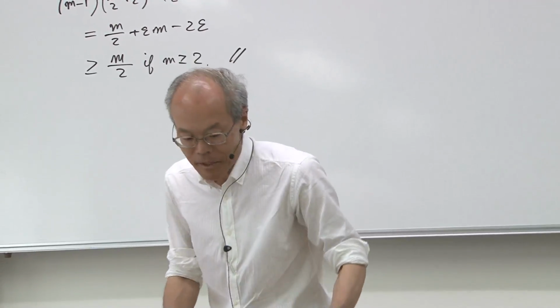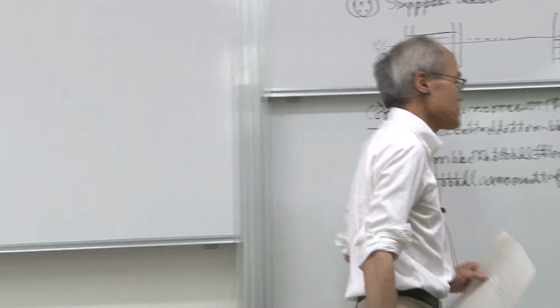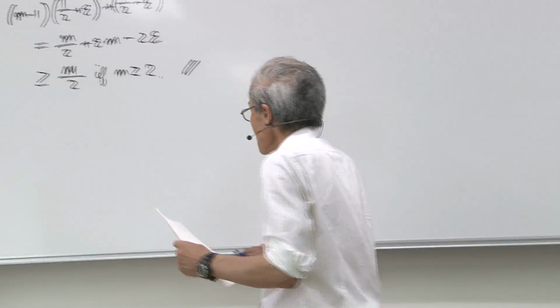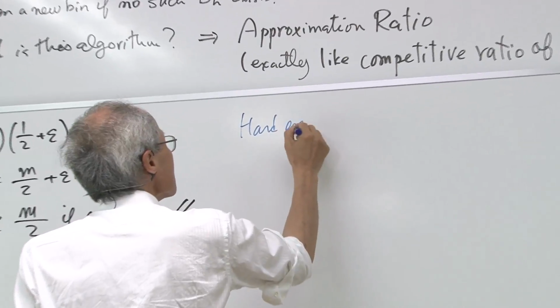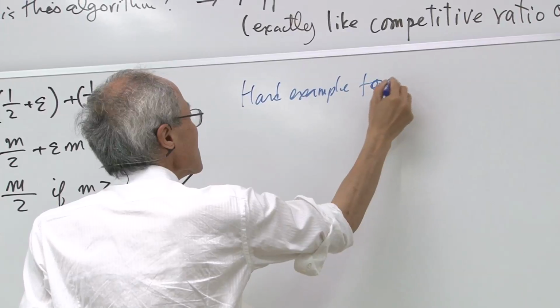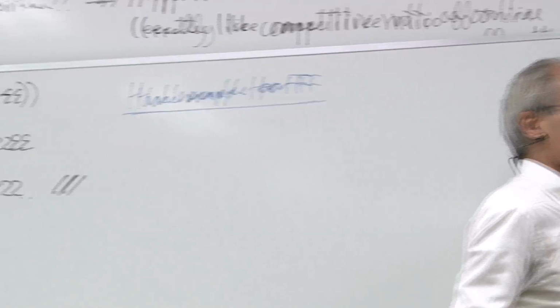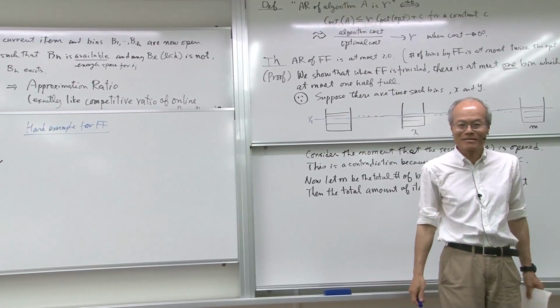I'll show you a bad example. This is a kind of mean example, the exact adversary of an online algorithm.